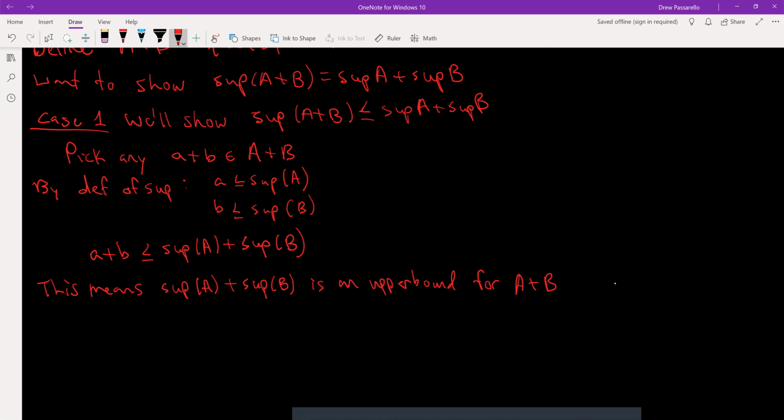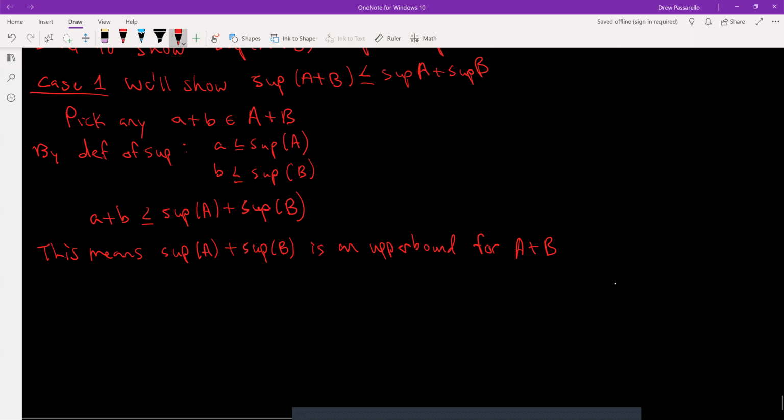Well, we know the supremum of our set is the least upper bound. Supremum of A plus B is the least upper bound.